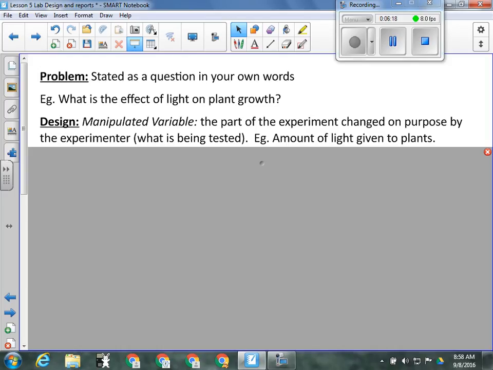Right? So the experiment that I might run for this light on plants experiment might have like 5 different plants, and I would give each of them different amounts of light, starting with no light at all, moving to maybe like 6 hours of light, 12 hours, 18 hours, 24 hours, okay, and then see what the effects are. Okay, so the manipulated variable there would be the amount of light the plant receives.